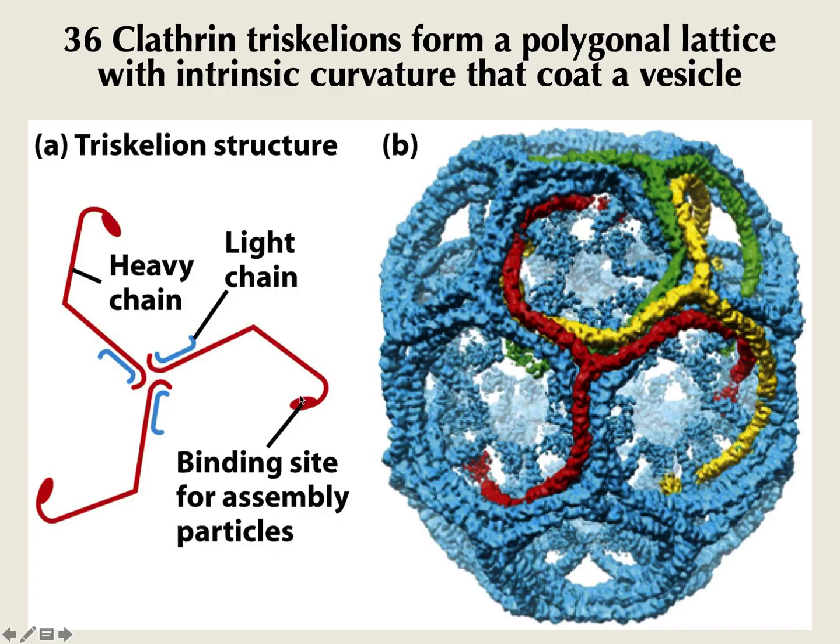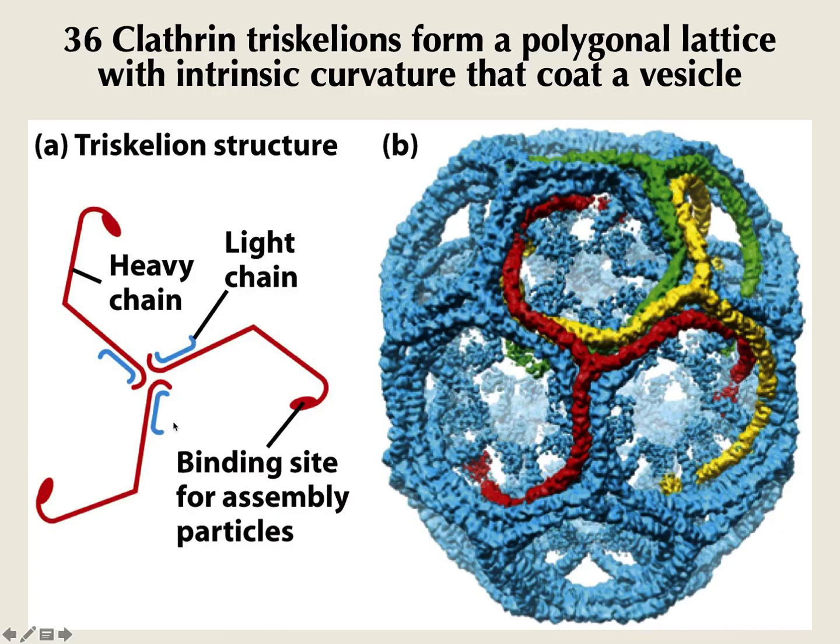There are heavy chains and light chains, and this is what's depicted here. The heavy chains, three of them assemble together, and they form this so-called triskelion, and the light chains help keep the triskelion together. So the triskelion is already a higher order assembly.